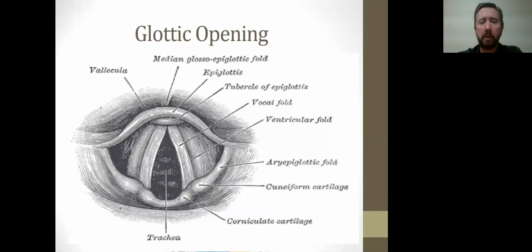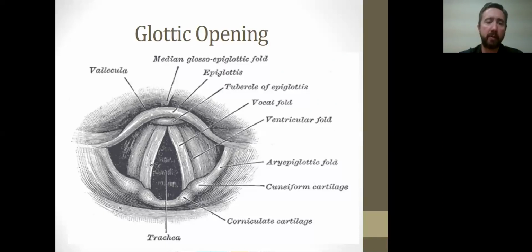Just a little quick second view at the glottic opening here. As you can see, the top portion here, let me get my mouse so we can see things. This is where the vallecula space is, where the Macintosh blade actually inserts itself in here, and you can see when you're instrumenting the airway the full view of the epiglottis, whereas the Miller blade actually grabs it right here.